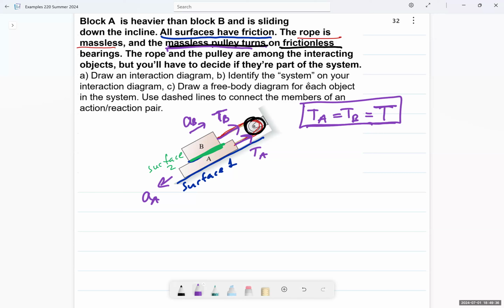Here, if I'm taking block A and block B, they're interacting and they move together when you have all these forces acting. So my system will include both of them. What we can do here is something like this: I make a rectangle like this and say this is going to be my system.